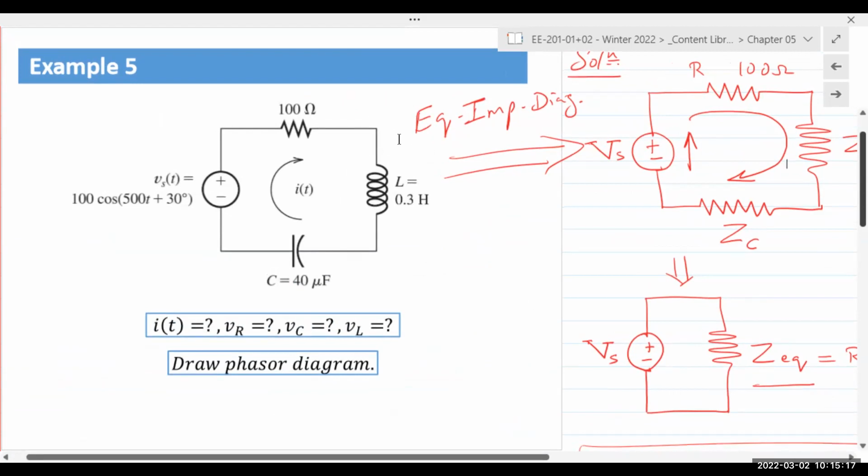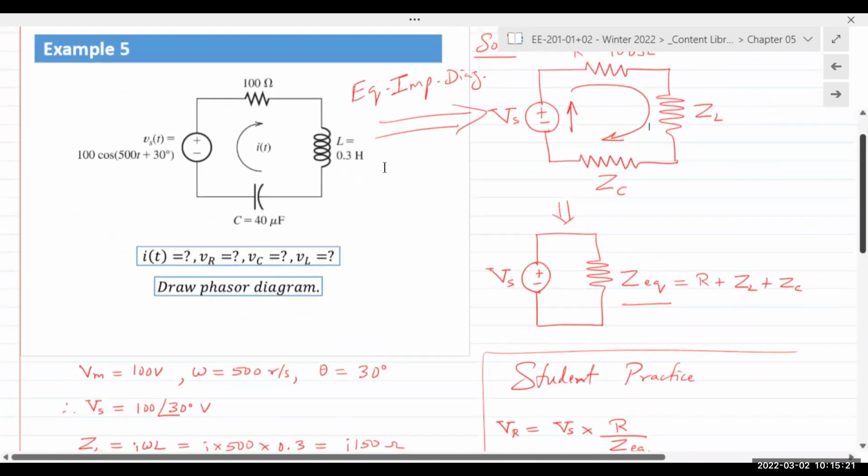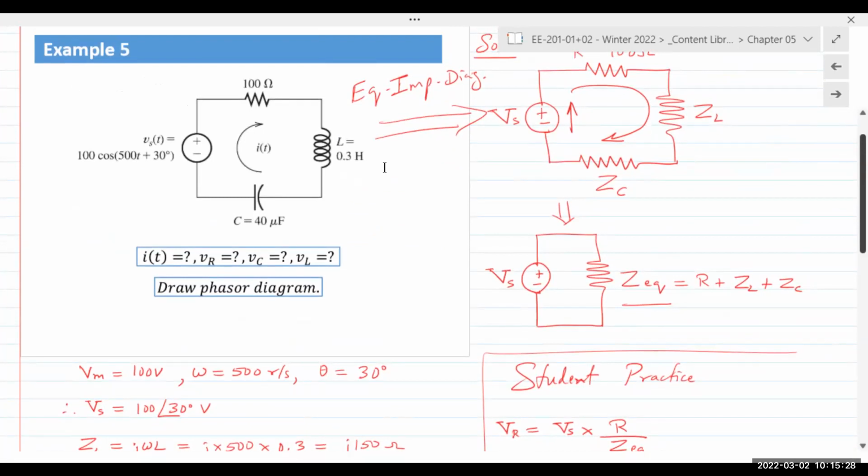All right, so let's see what we need to do next. ZEQ is R plus ZL plus ZC. The question being asked of us is to find I of t, VR, VC, and VL. This is very important as to the form of your final answer.